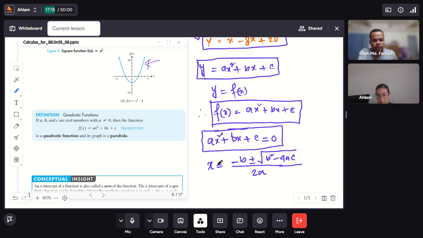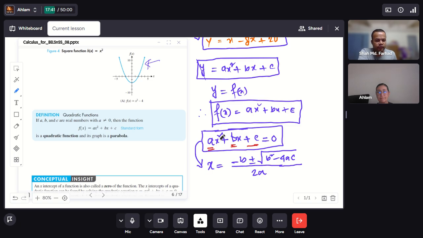That is the solution of this quadratic equation. Now, what is a? a is the coefficient of x squared, b is the coefficient of x, and c is the constant term. If we replace the values here, we will get the solution of this equation.